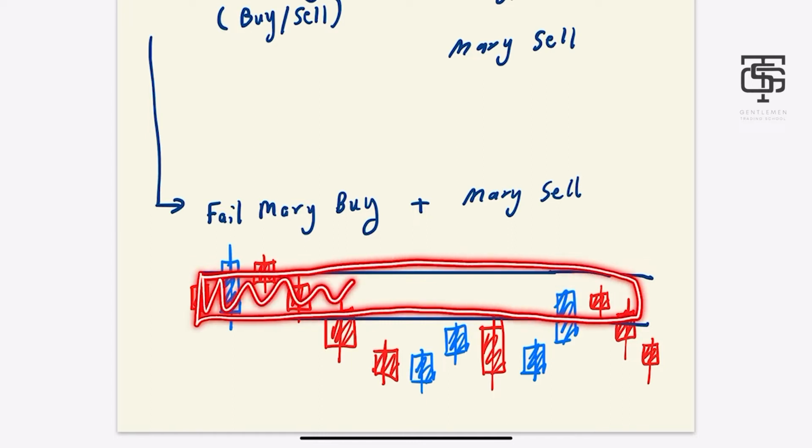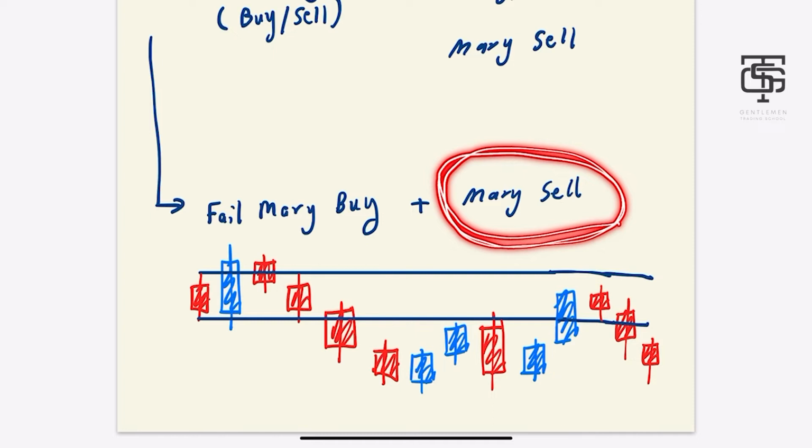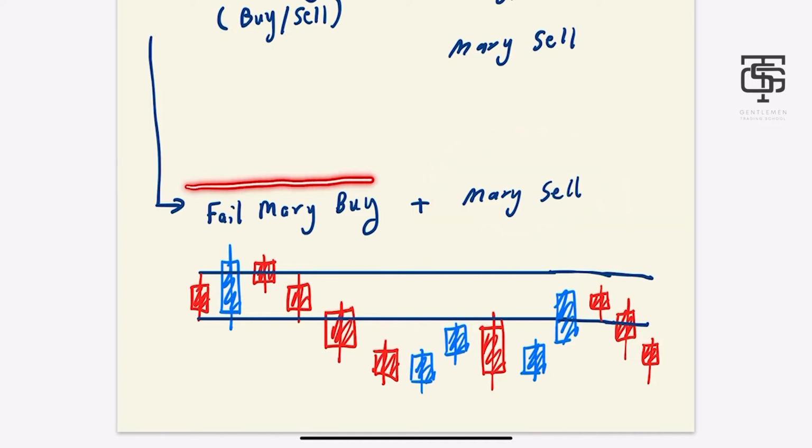We are expecting price to retrace into our zone and close as a sell marry. So that's when it comes in as the second, a marry sell. So if we have the fail marry buy, it needs to form a marry sell.